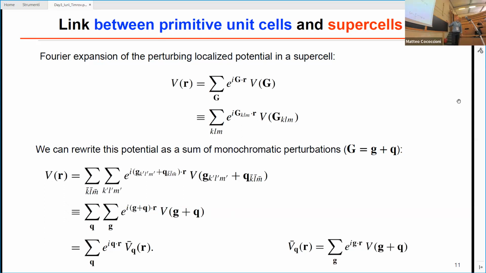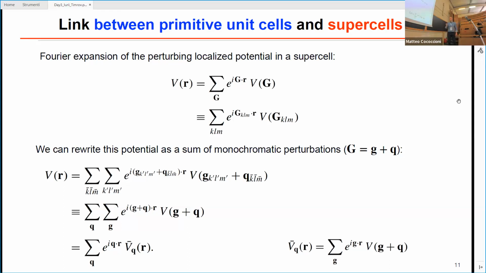If we put this definition in here and do some manipulations, we can rewrite our potential in a supercell as a sum over q vectors or q points, some phase factors, and the new object v bar of q, which is defined here by summing over reciprocal lattice vectors of the Brillouin zone of the primitive cell.